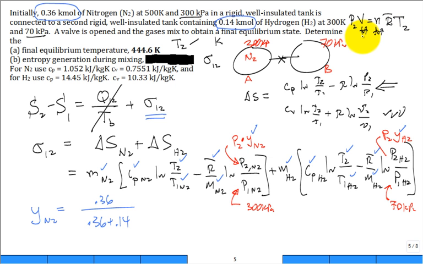Well, do you think that equation will work? So we have to think exactly what each of the terms is. T2 is easy, it's the final equilibrium temperature. R bar is the universal gas constant. An individual ideal gas behaves as an ideal gas. I have two individual ideal gases, I mix them, they still behave as an ideal gas. And this is the total number. Guess what that number is? Yeah, 0.36 plus 0.14. What is that? 0.5 kilomole.